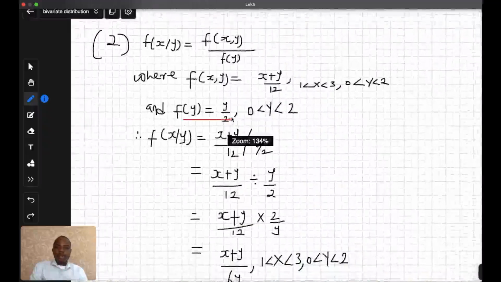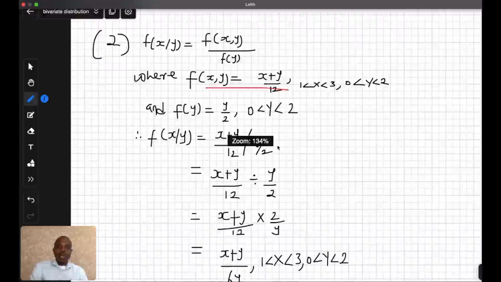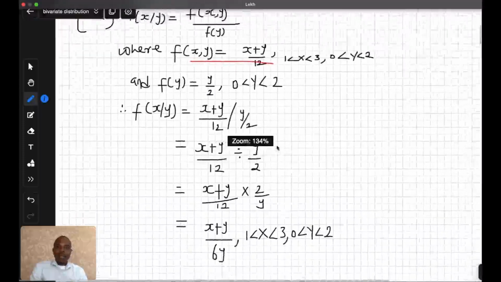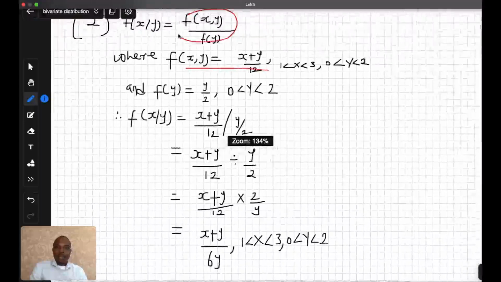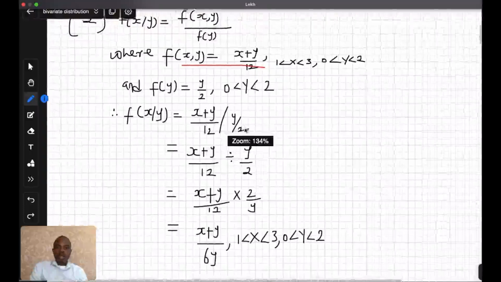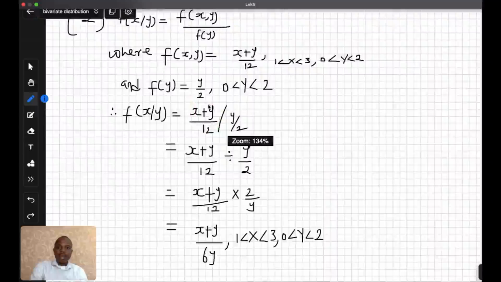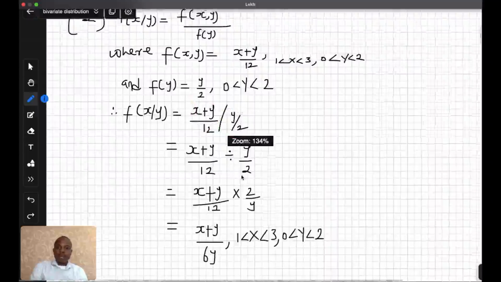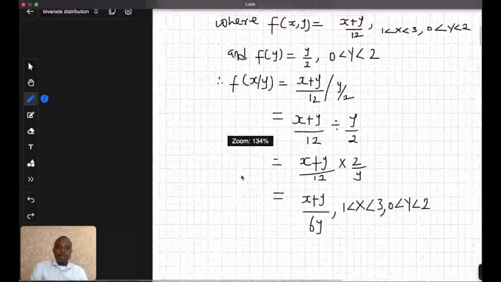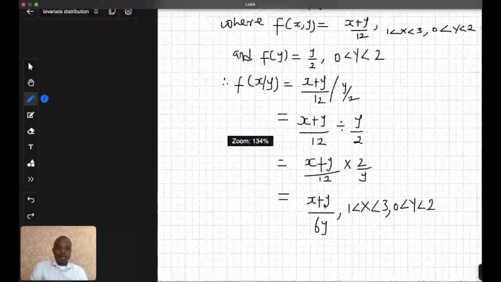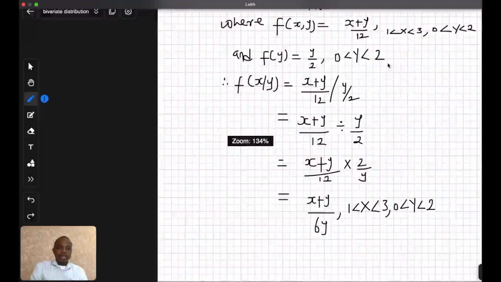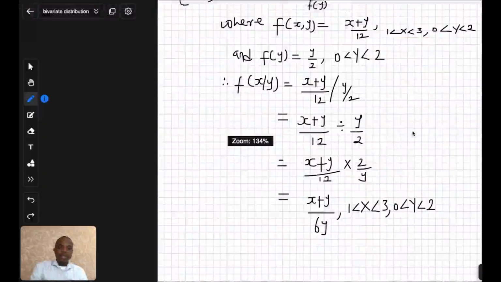We know f of y, we know f of x given y. By doing the substitution using the formula, f of x given y will be this, and f of y will be this. And that way we can divide, and by doing our division, we eventually get x plus y divided by 6y, and the range coming from here still remains.